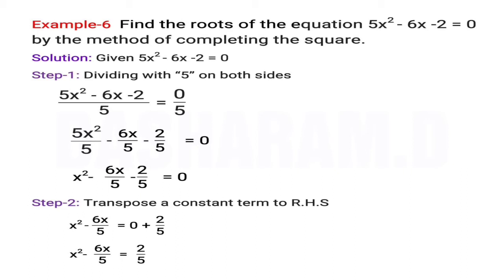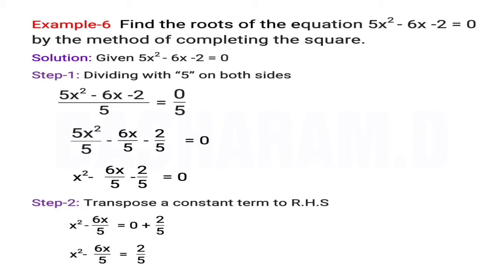Next, split into three fractions: 5x square by 5 minus 6x by 5 minus 2 by 5 equals 0 by 5, which is 0. Here the 5 cancels, so x square minus 6x by 5 minus 2 by 5 equals 0.